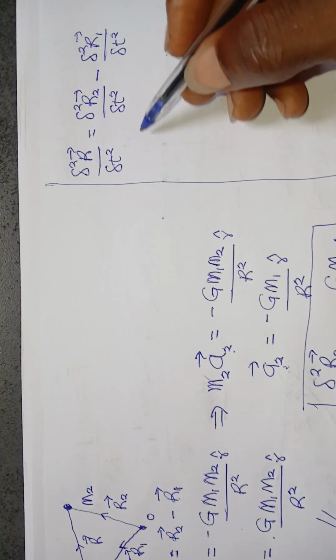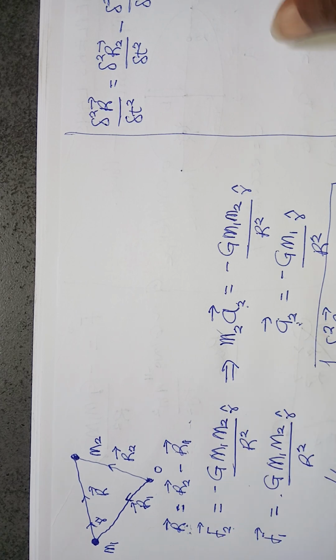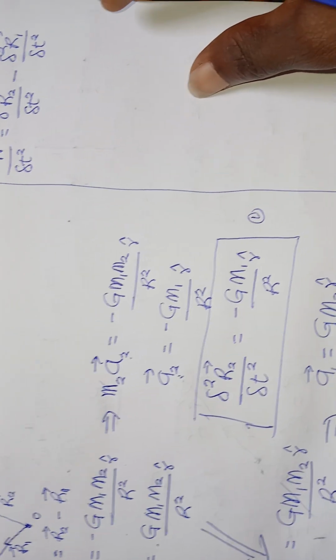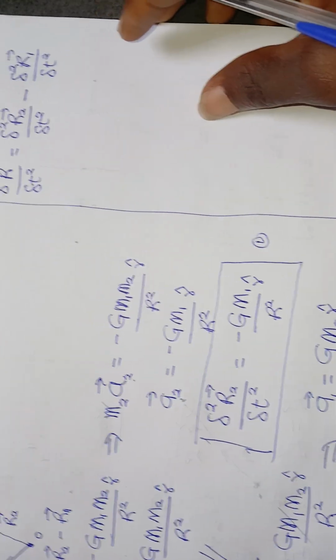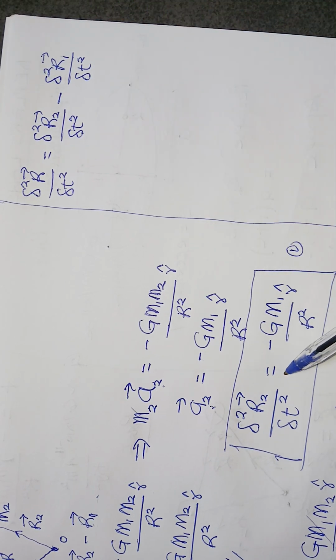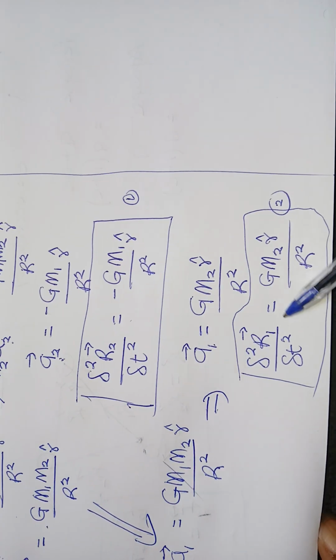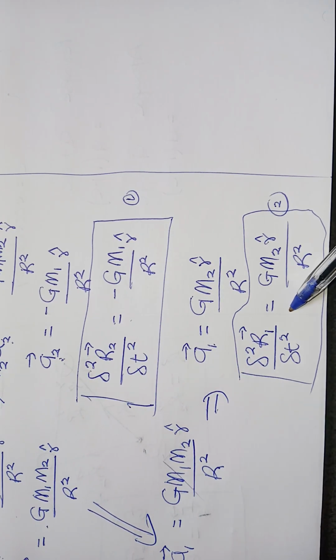We wrote this equation based on the first premise. But then we know d squared r2 dt squared, which is this equation. And then again, we know d squared r1 dt squared, which is this unboxed equation.